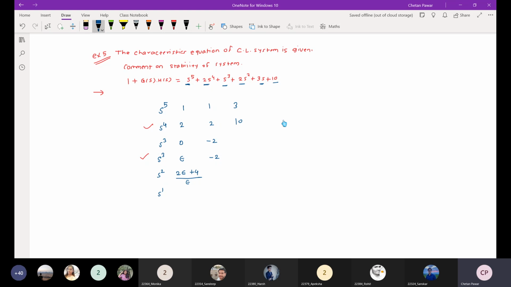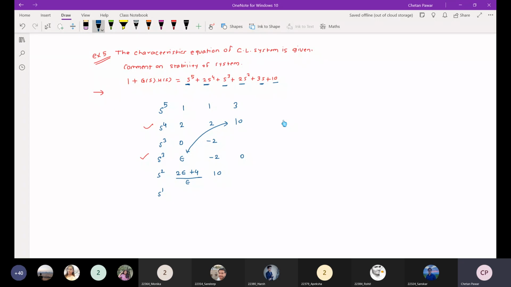Then epsilon into 10, I had mistakenly taken the wrong element. Epsilon into 10, 10 epsilon. Now there is no element, which means here there is a 0. So 10 epsilon minus 0 into 2, divided by epsilon, so that will be 10. So here I can directly write 10. The second element of this row will be 10. Now we have formed the elements of the s square row.